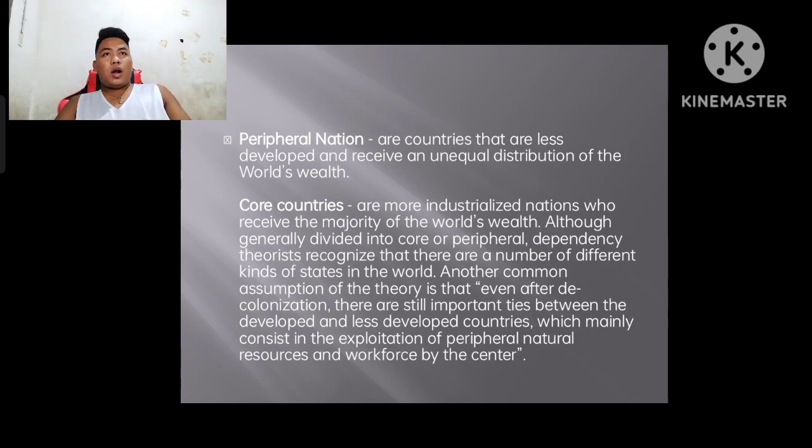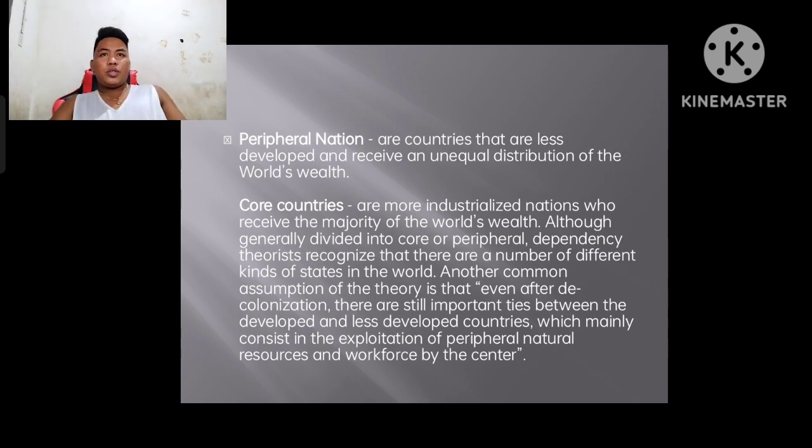Peripheral nations are countries that are less developed and receive an unequal distribution of the world's wealth. And core countries are more industrialized nations who receive the majority of the world's wealth. Although generally divided into core or peripheral, dependency theories recognize that there are a number of different kinds of states in the world.